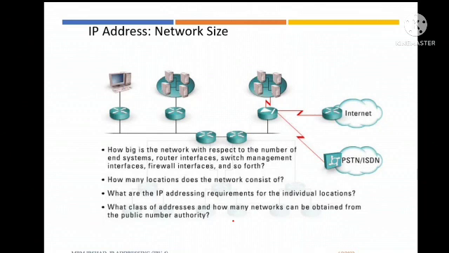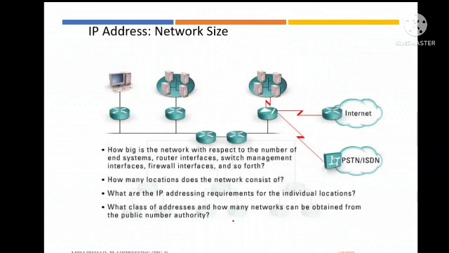So you have to plan how many IP addresses you need, how many public IP addresses, and how many private IP addresses. You have to analyze how many servers you are going to locate and how many PCs you are going to have in your organization. Or if it is a campus, there will be a lot of laboratories, even IT laboratories, with more than 100 or 200 computers.